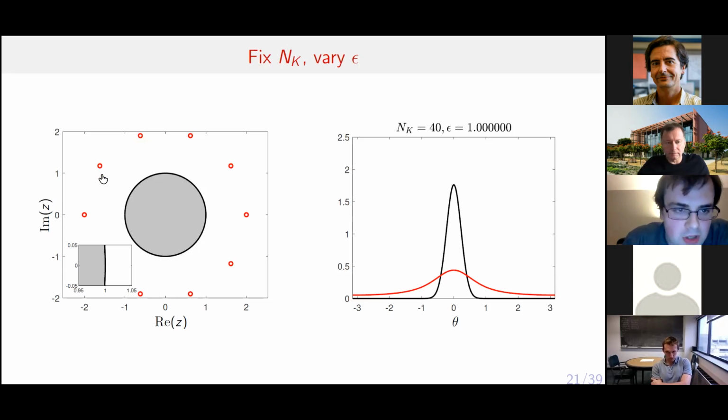These red circles correspond to where I evaluate those shifted inverses, right? And as they approach the spectrum of the Koopman operator, as epsilon goes to 0, we'd expect something potentially bad to happen. So let's see what happens.